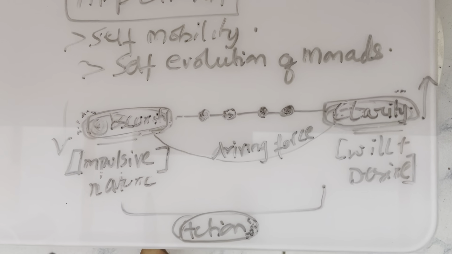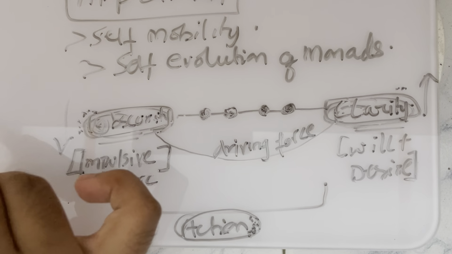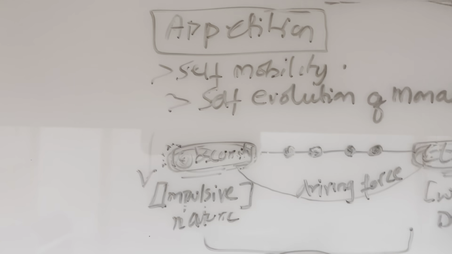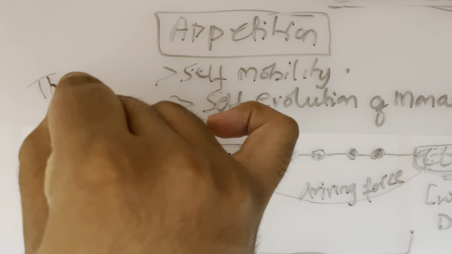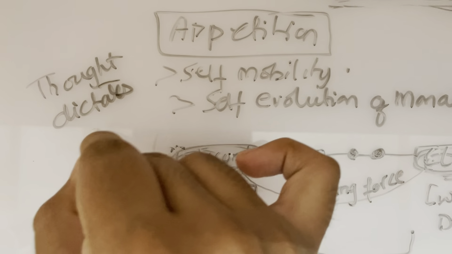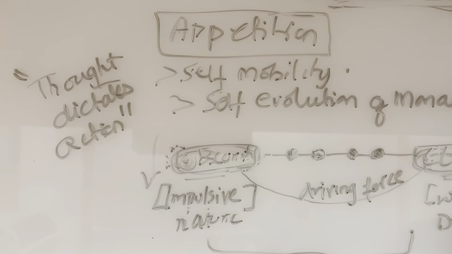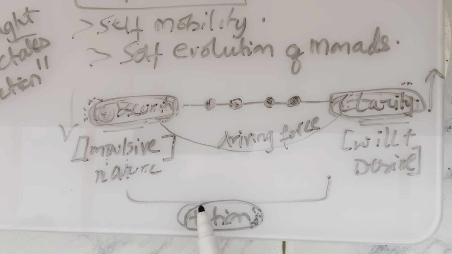For every action there is a thought behind that dictates the action. Thought dictates action. So the cause of that action is of major concern to Leibniz when he explains appetition.